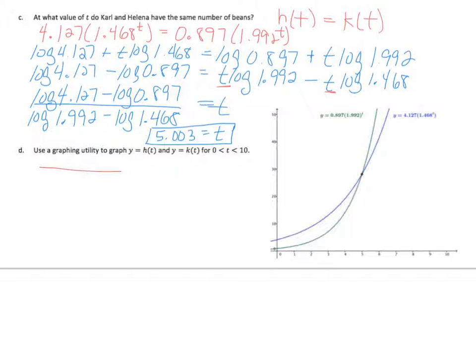Now it says use a graphing utility to graph y equals h of t and y equals k of t for that given range. I just used Desmos and copied it in here. And if we drag this down, we're at 5. Awesome, right?